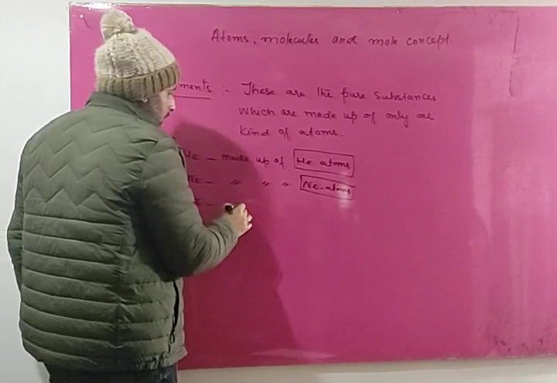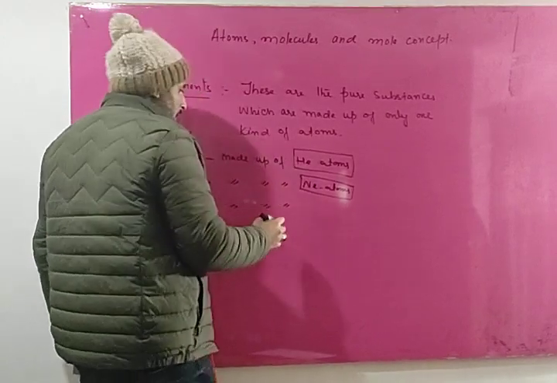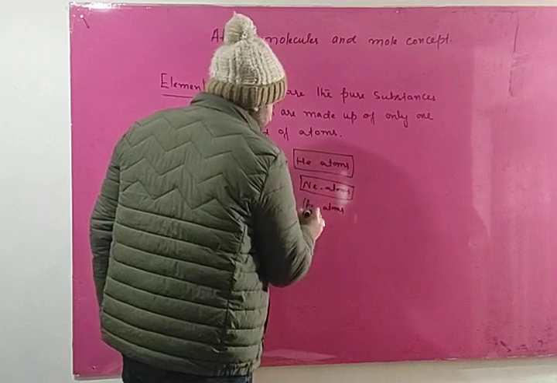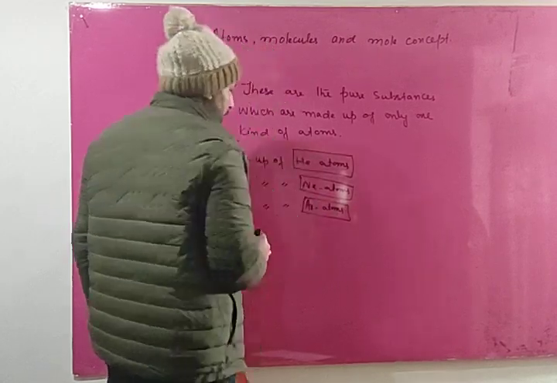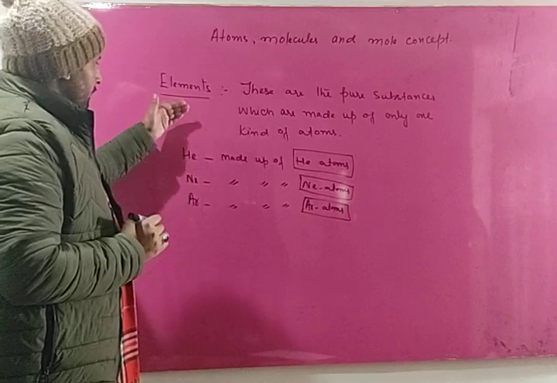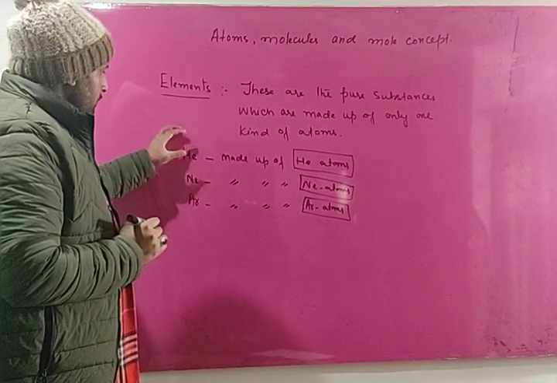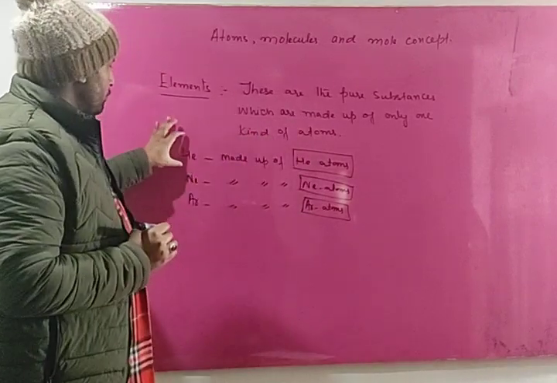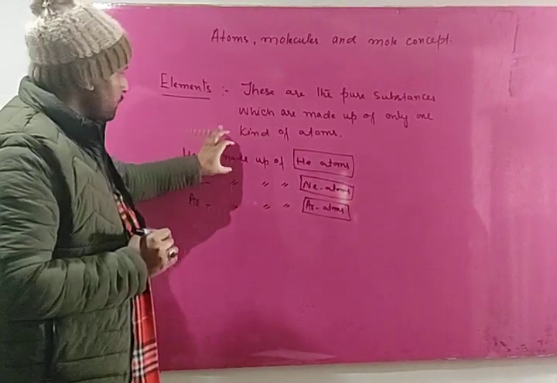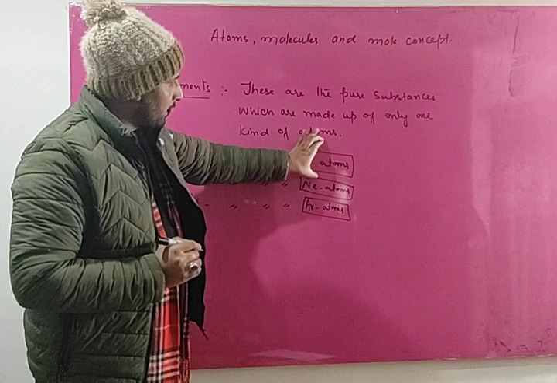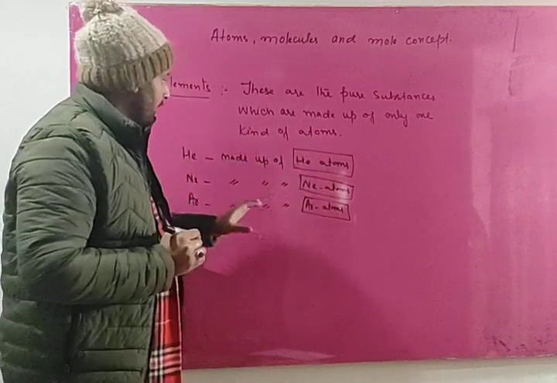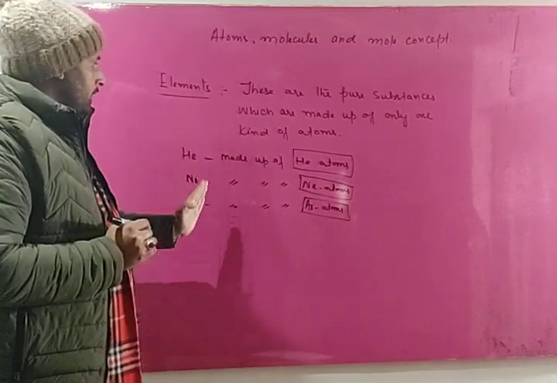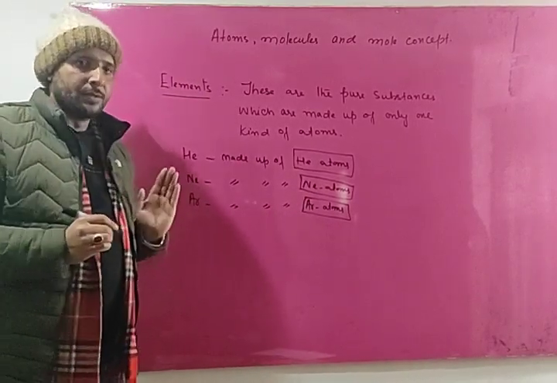What are the particles of which argon element is made up of? It's simply argon atoms. So these are the substances which are made up of only one kind of atoms. These are pure substances because their constituent particles are only of one kind: helium atoms, then neon atoms, then argon atoms, right?